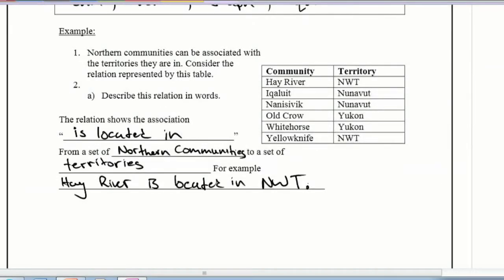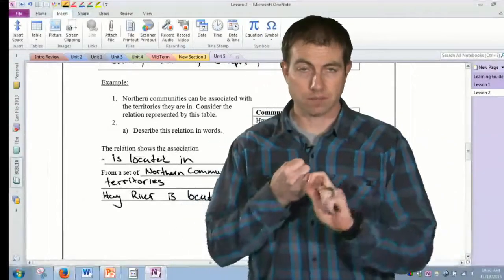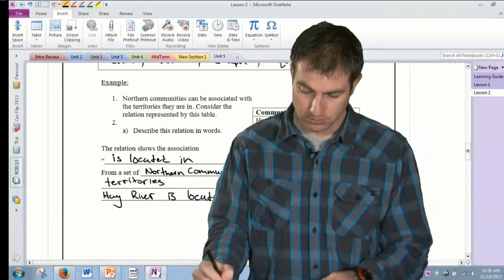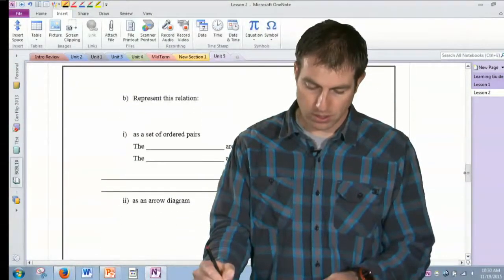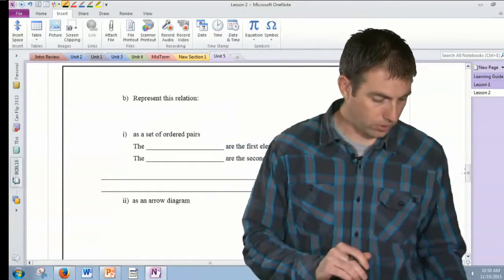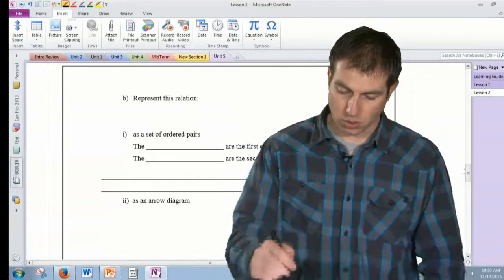So far we have the relation in a table, we have the relation in words, and we're going to do one more on the next page here. We are going to look at the relation as ordered pairs.